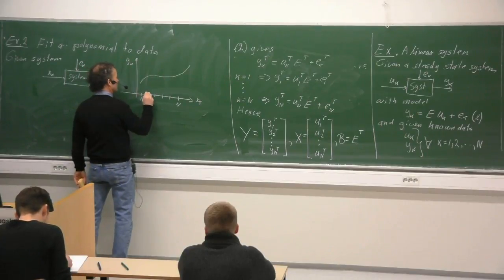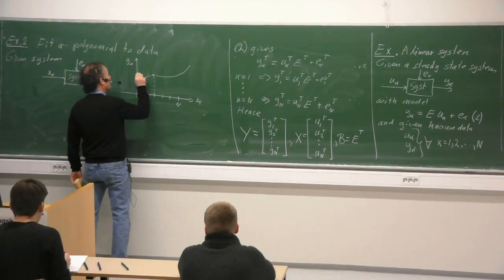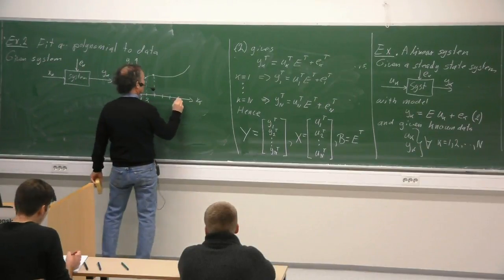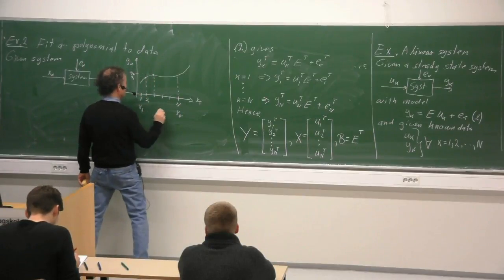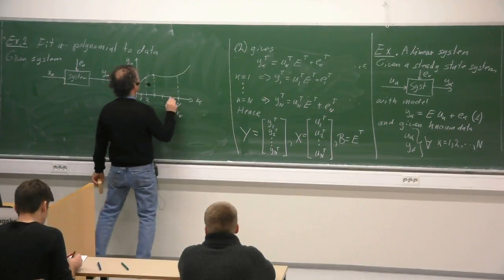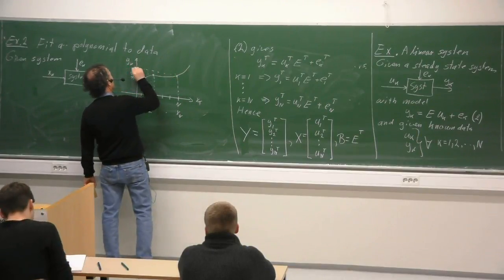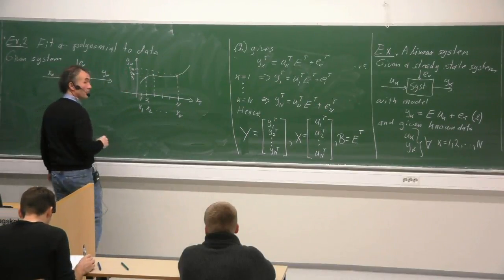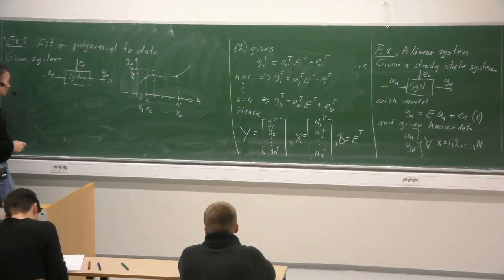I have y_1 here, x_n here, x_1, x_2. And suppose that we assume that this curve could be fitted or approximated as a polynomial.